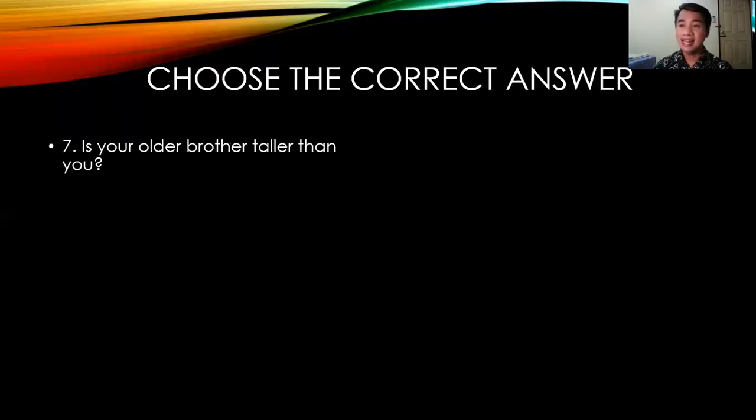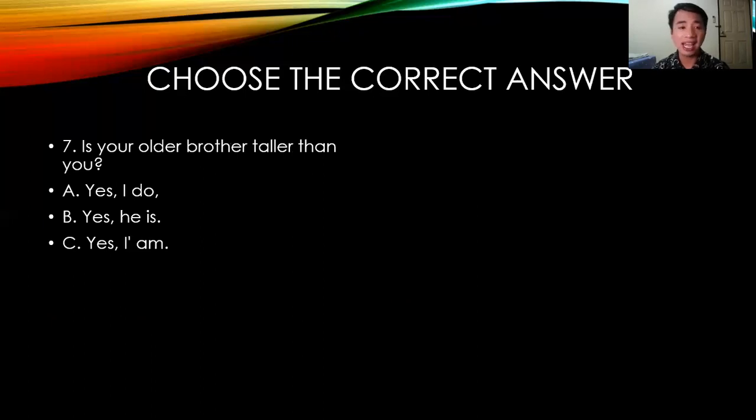Okay? Next example, question number 7. Is your older brother taller than you? A, yes, I do. B, yes, he is. Or C, yes, I am. How will you answer?